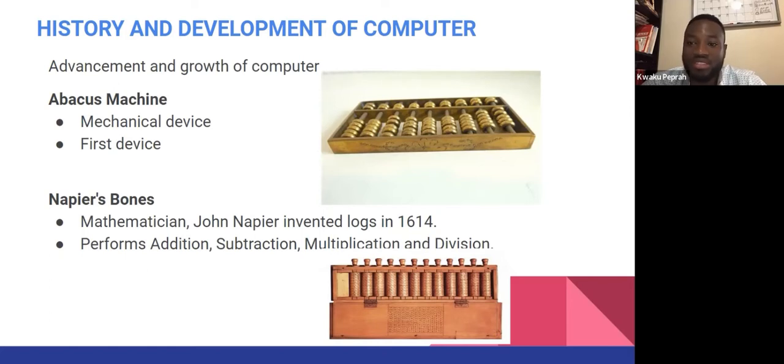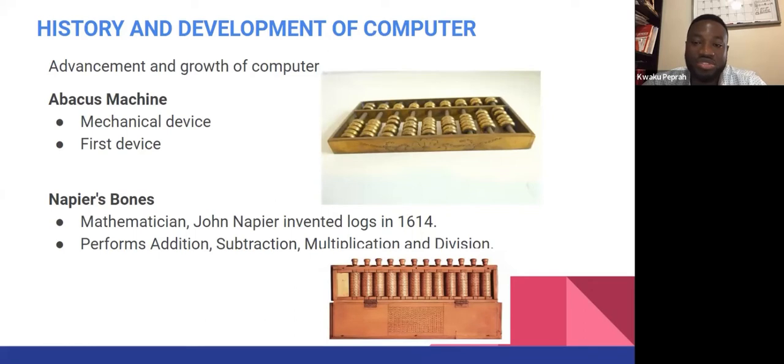And going back into history, the first computer that ever came was in the form of an abacus machine, which is a mechanical device, the first of its kind to be made. And there came Napier's bones. Napier's bones was invented by a mathematician, John Napier, in 1614.